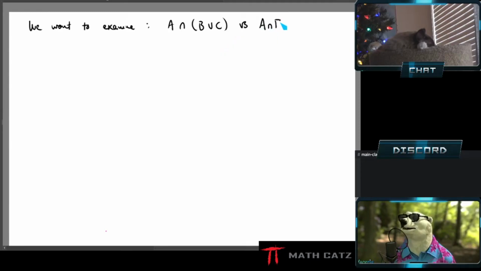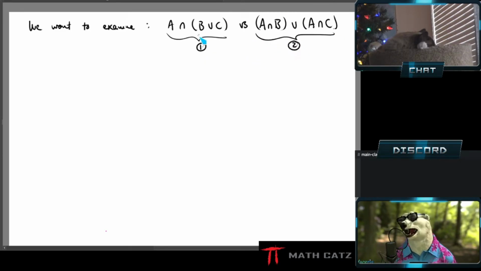A intersection B, remember brackets come first, and then union A intersection C. We want to compare these two. So we're going to do this one and see what the result is first. Then we're going to do that one and see what the result is without knowing exactly what the sets look like, right? So I have to start in my general position.